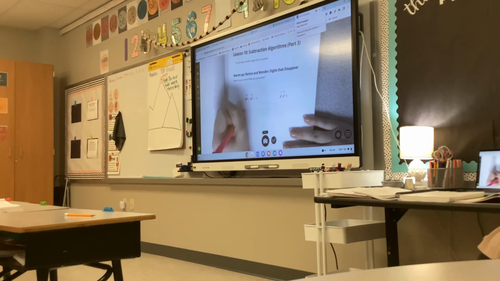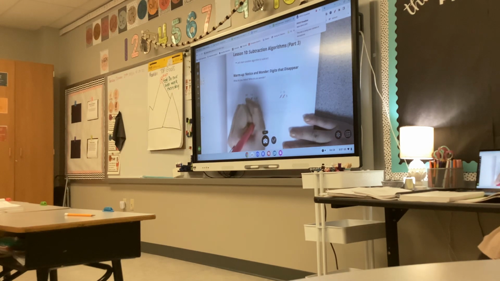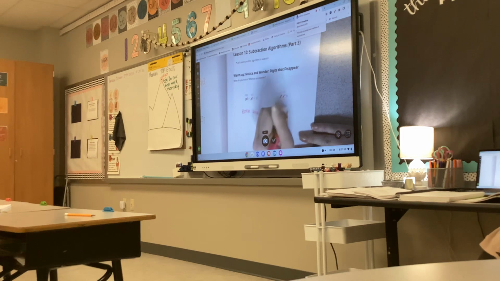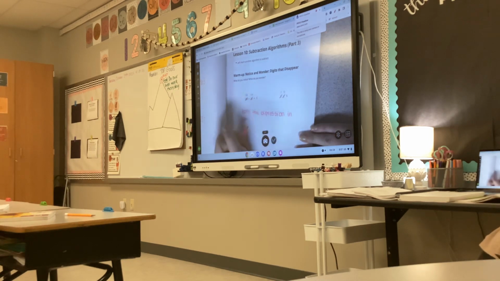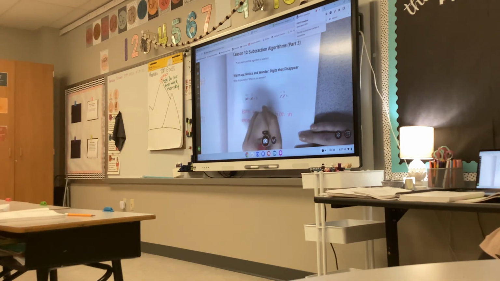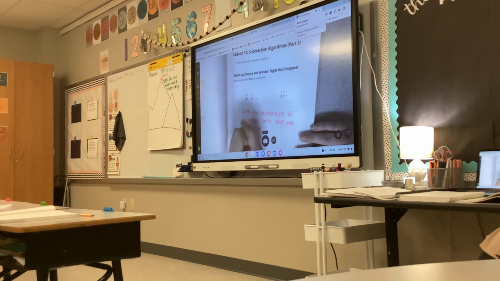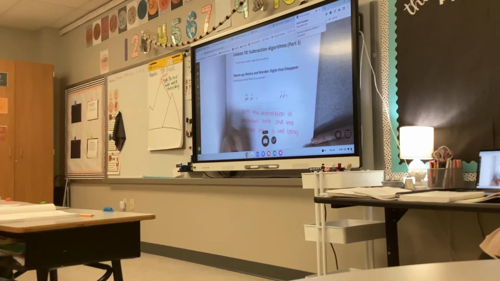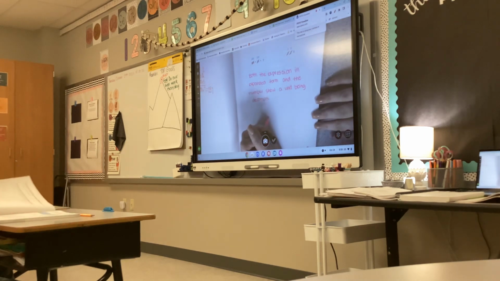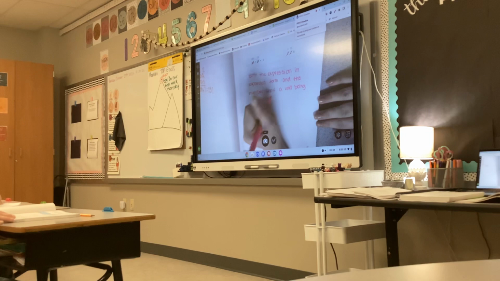So both the expression in expanded form and the number show a unit being decomposed into smaller units.